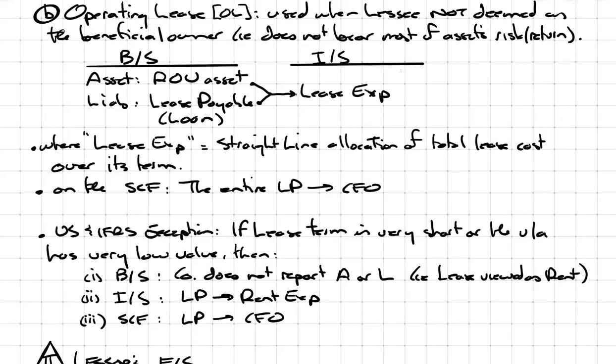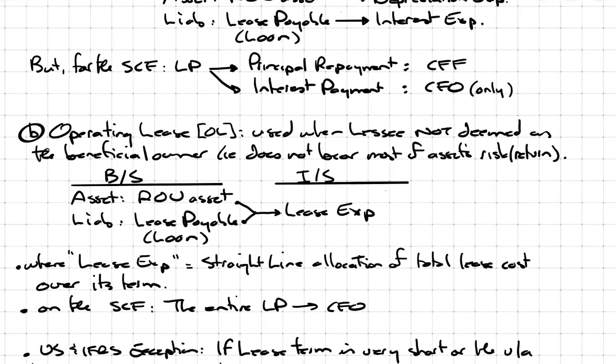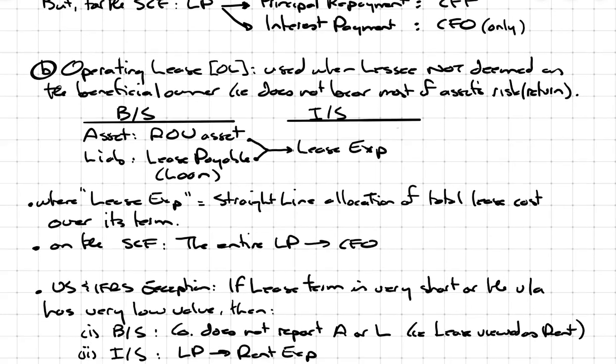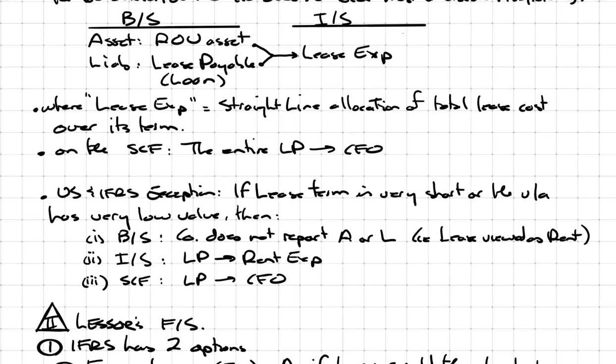And that's a little bit different than finance lease, because if you looked at finance lease, the statement of cash flow under finance lease, we actually split the lease payment into principal, which was CFF, and interest, which was operating. But under operating lease, the entire lease payment would be CFO.